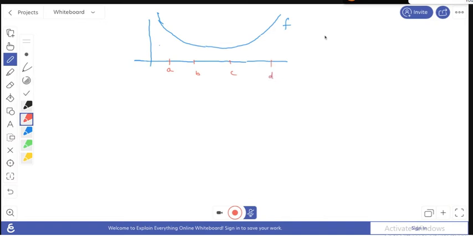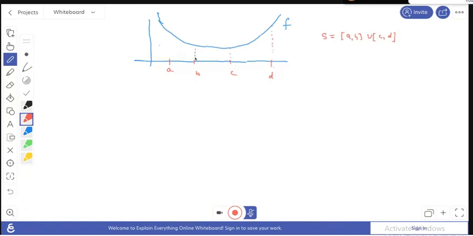So if we take any set S, that S equals this AB union CD, okay, and this is your function f.